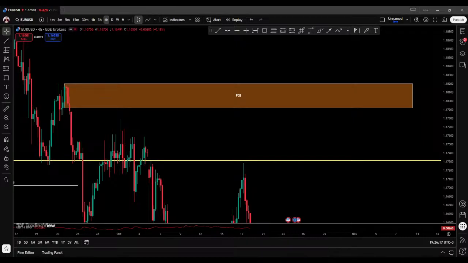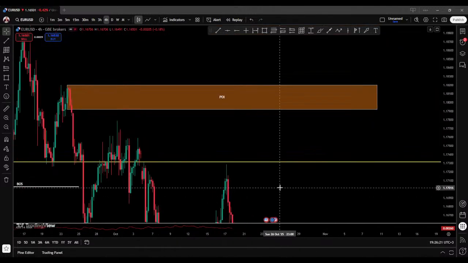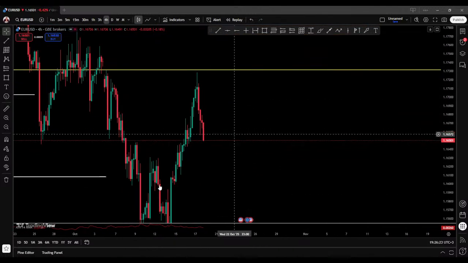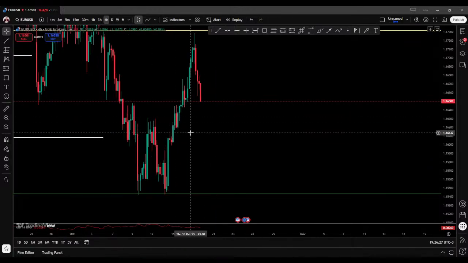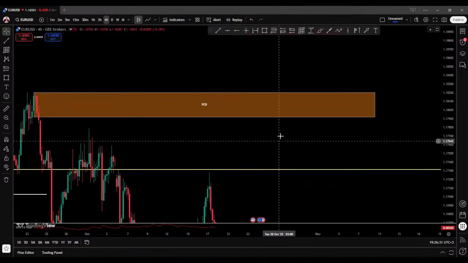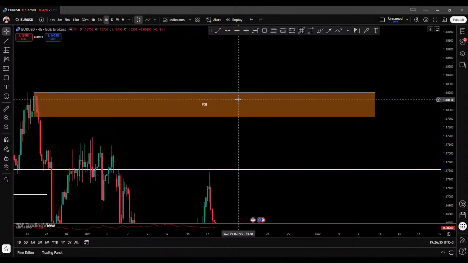So that tells you that whatever is happening here, the market is trying to look for a good place to buy so that it comes and takes this liquidity and then takes our POI.